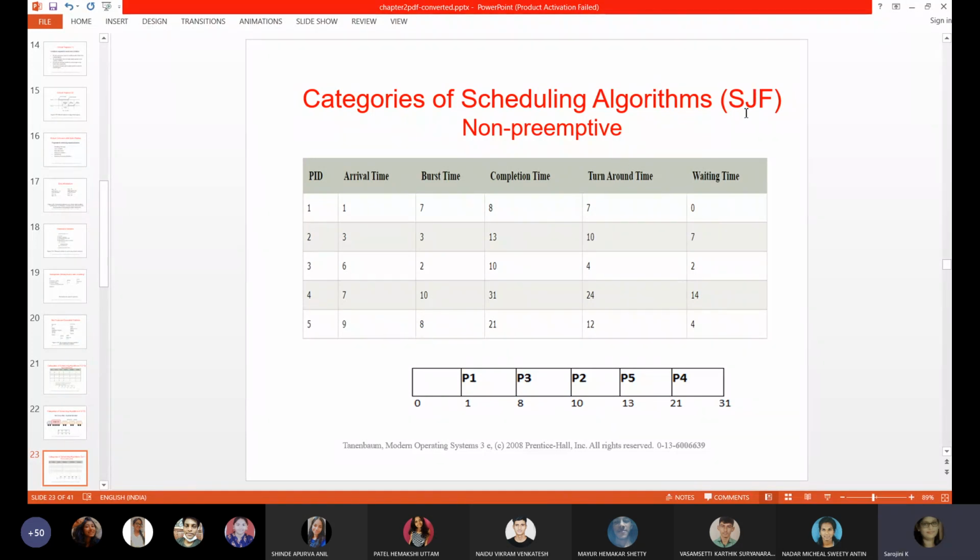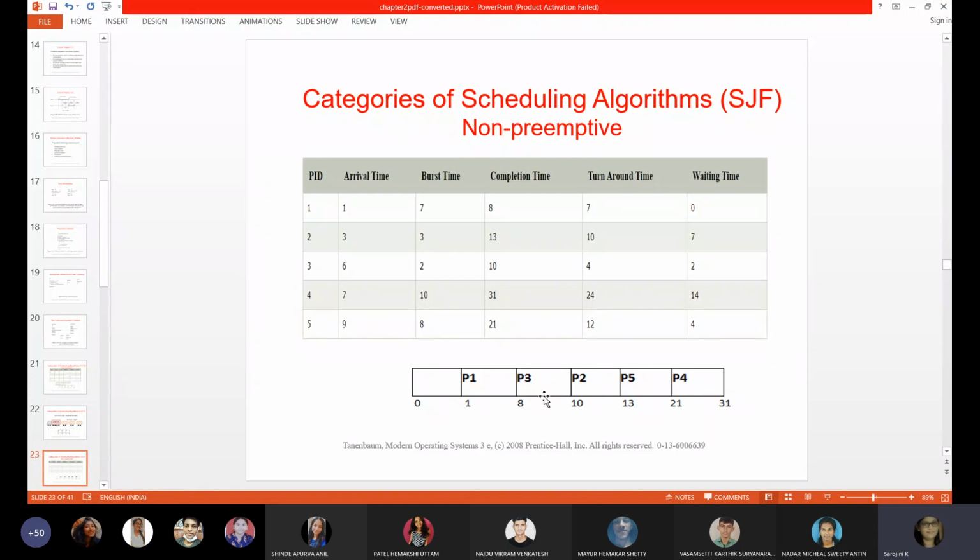So by applying shortest job first, the scheduler chooses process P3, which has the CPU burst time 2. So next, after process P1, P3 enters the CPU.